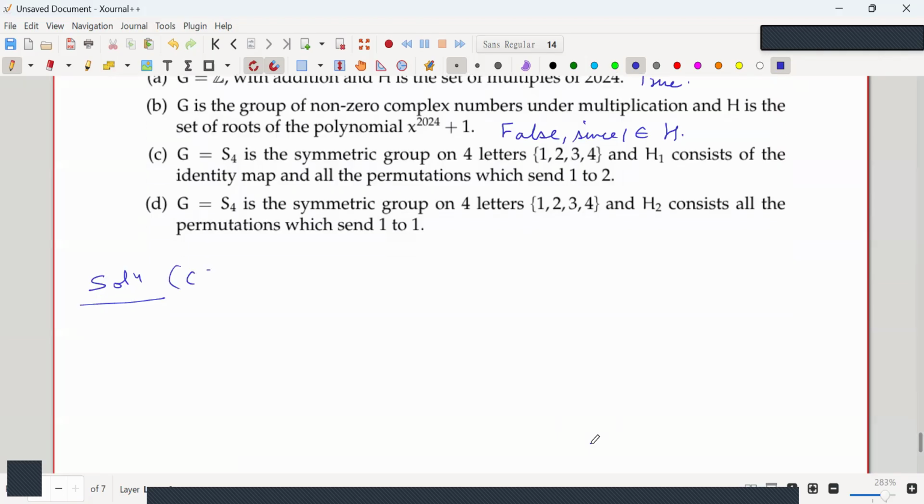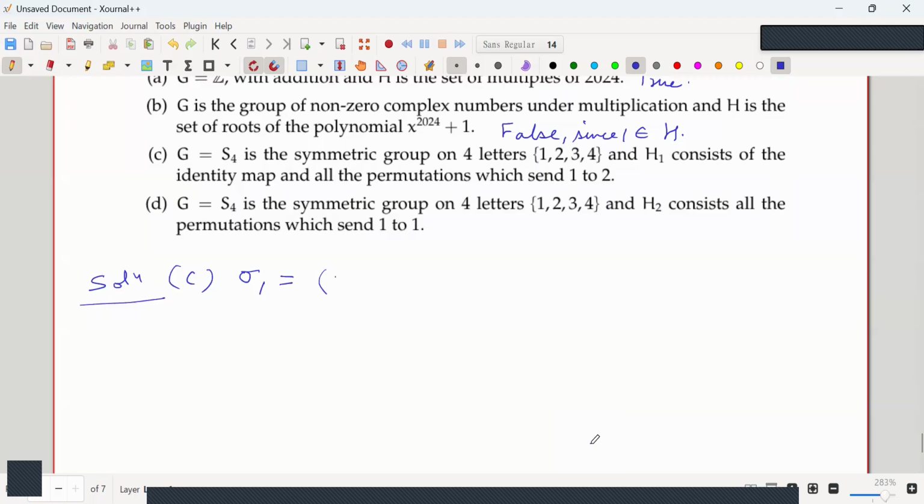So for part C, you take sigma 1 from S4 to S4. Shall I just write it in cyclic notation? Are you comfortable with that? Yes, sir. So what we are supposed to check is whether the composition of two such elements is again inside H or not.